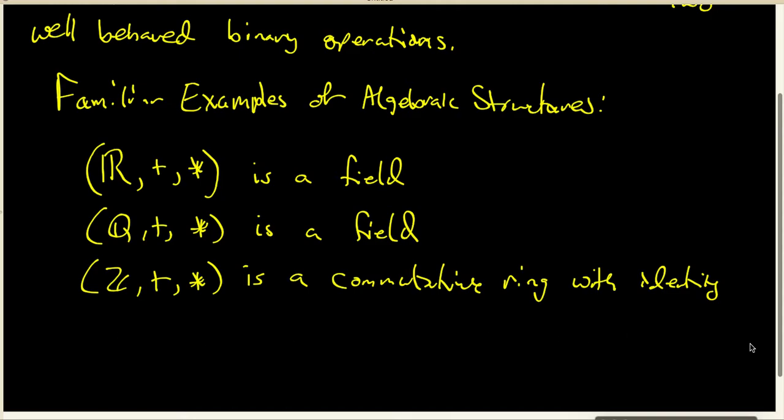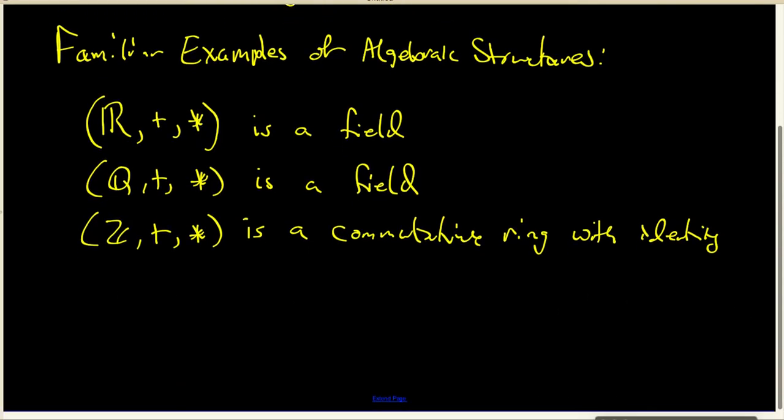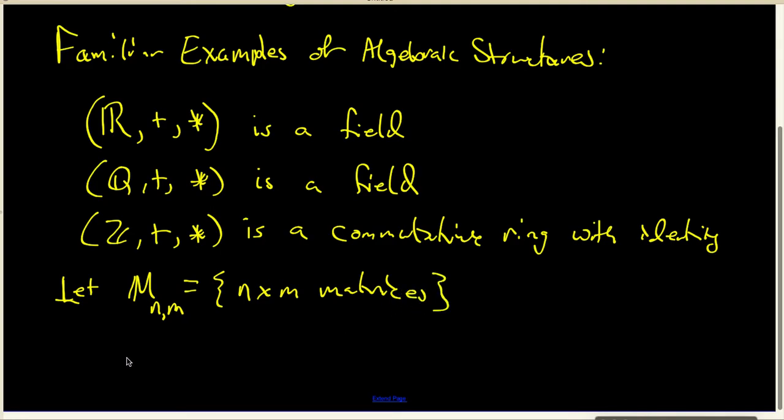But we also have some other kinds of structures that you may be familiar with from previous mathematics courses. If we let M sub n,m be equal to the set of n by m matrices, we know how to add matrices of the same size together.